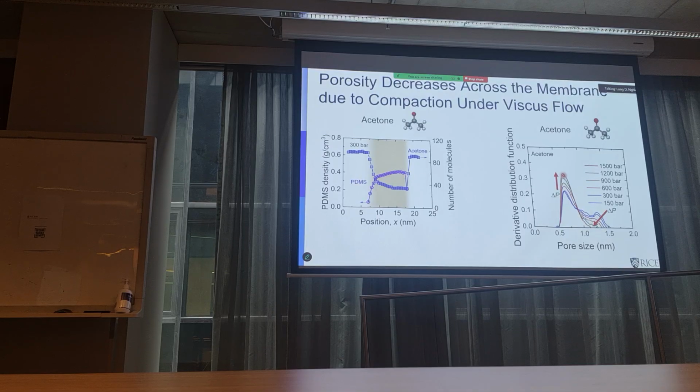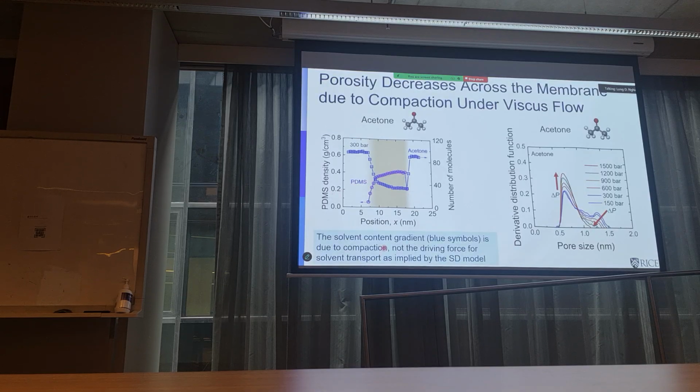And this is due to compaction. As I'm going to describe again and again, when you have flow through the membrane, you will have a pressure gradient, but the compaction pressure, which I will define very soon, will increase as you go along the membrane. The farther you go toward the permeate, the greater the compaction pressure.